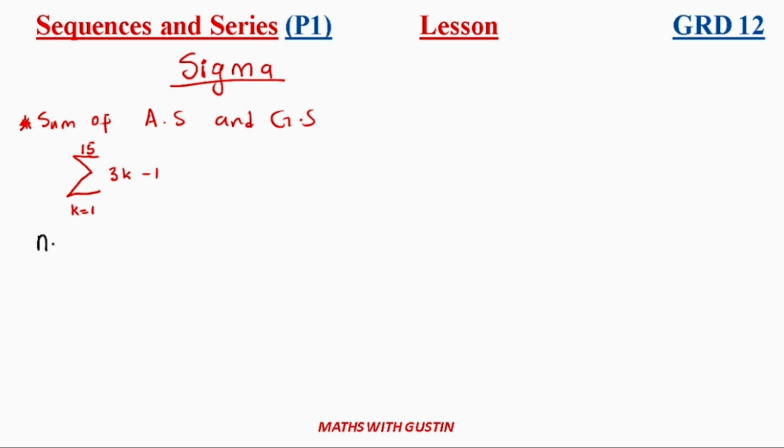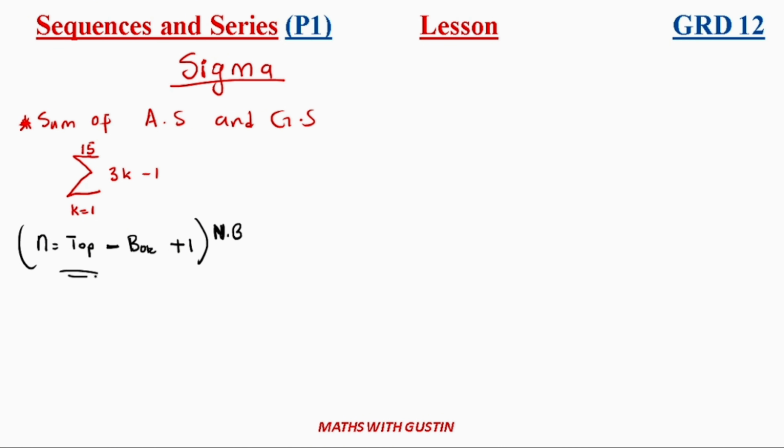So you say n is equal to the top number minus the bottom number, plus 1. Regardless of whether it's geometric or not, this is the formula that you would need to find the number of terms in the sequence or in the series.